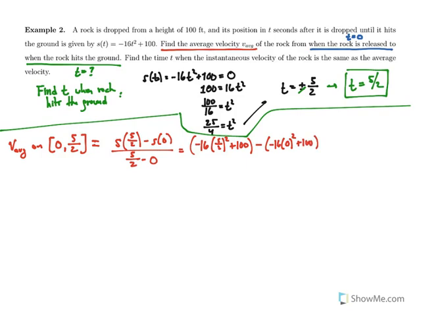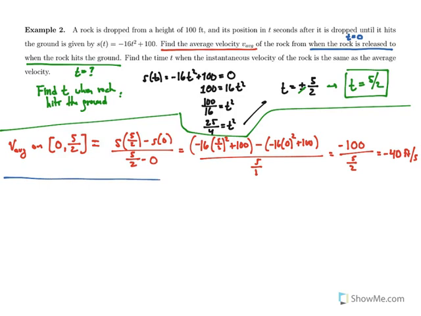It's the top and the bottom of the ground, over 5 halves. That's the change in the position, which is negative 100, because we're going down, over the time 5 halves, which would be negative 40, in this case, feet per second. Velocity can be negative, and since we are going down, we have negative velocity.